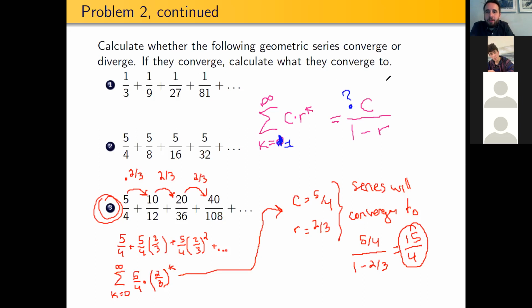The formula no longer directly applies. So we want to be a little careful with how our formula works.